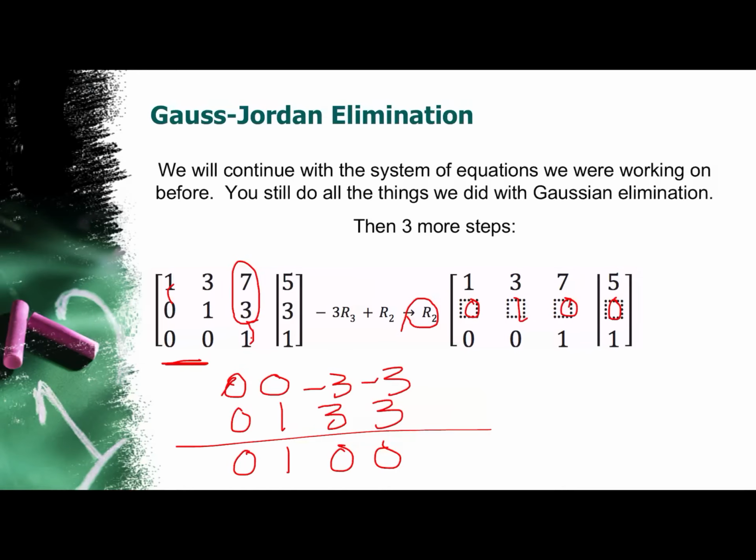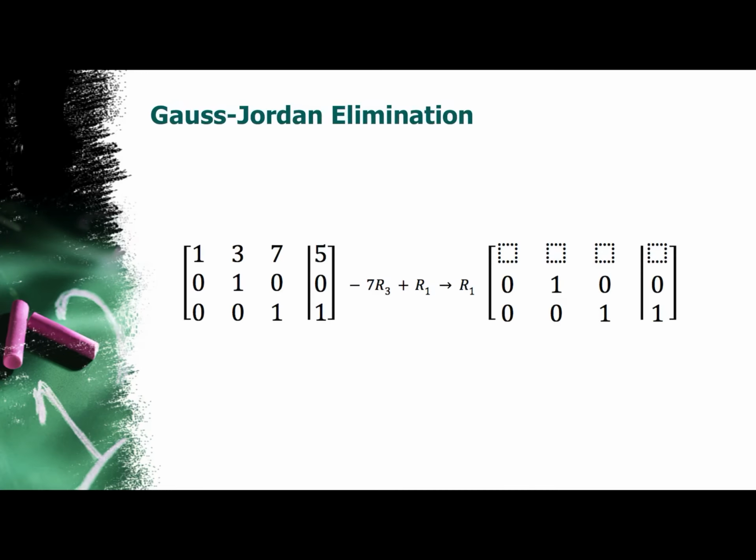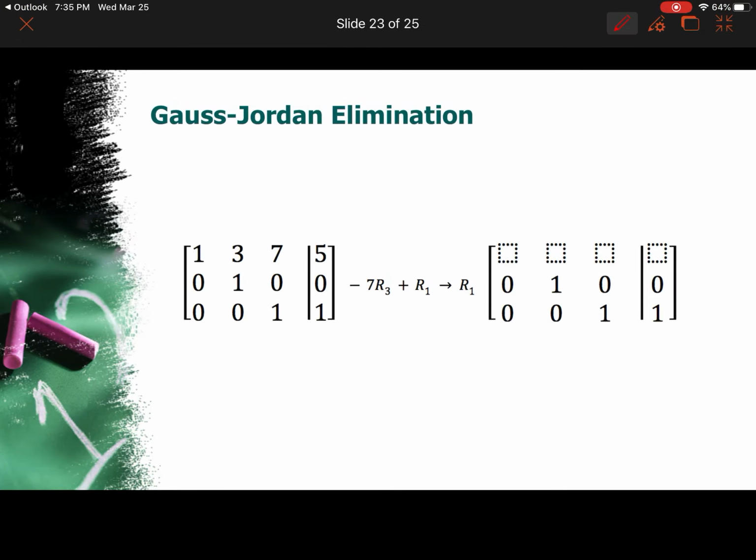Now, I use row 3 and take care of this number. And so I'm going to multiply the bottom row by -7 and add it to the top row. When I multiply the bottom row by -7, I get 0, 0, -7, -7. I'm going to add it to the top row.